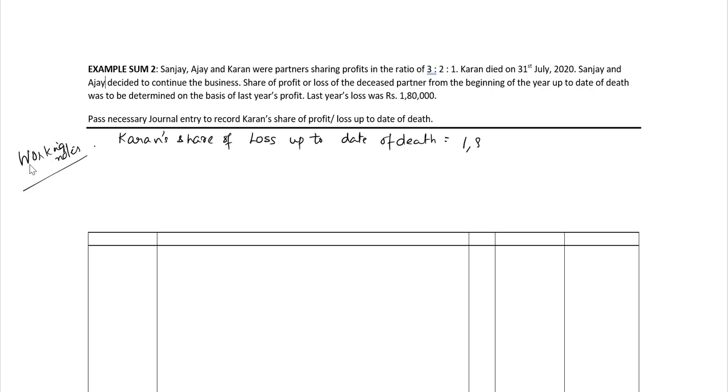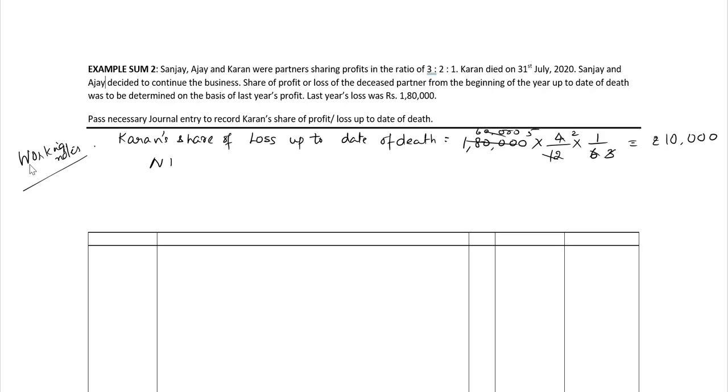Previous year's loss is 1,80,000 rupees multiplied by, we'll get it for the number of months in the current year, which is 1st April 2020 to 31st July 2020. 4 months, 4 divided by 12, multiplied by Karan's share in profit, which is 1 divided by 6. Comes up to rupees 10,000.